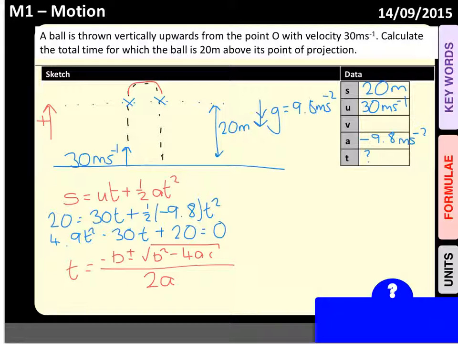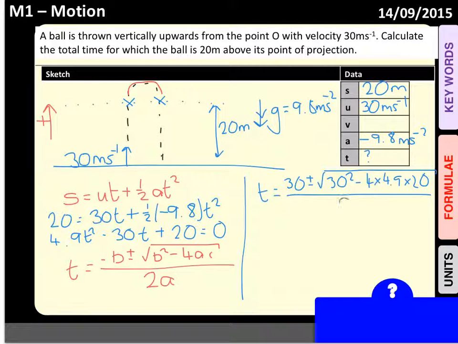Okay, so we're going to sub in our values. T equals 30 plus or minus the square root of 30 squared minus 4 times 4.9 times 20, and all of that is going to be divided by 9.8. So one of our solutions is going to be 5.36 seconds, and our alternative solution is 0.76 seconds.